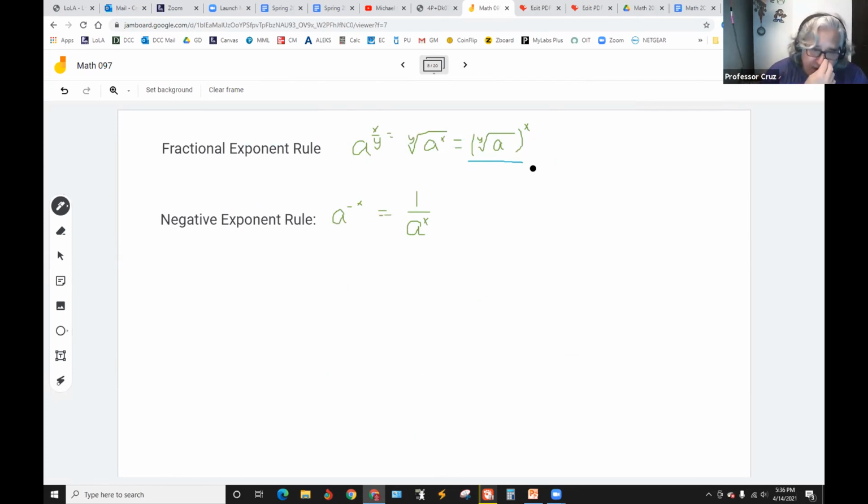So when we have a fraction as an exponent, the numerator and the denominator play a different function. The denominator becomes the index for the radical, and then the x, the numerator, can appear either on the inside or the outside, depending on where it helps you out.